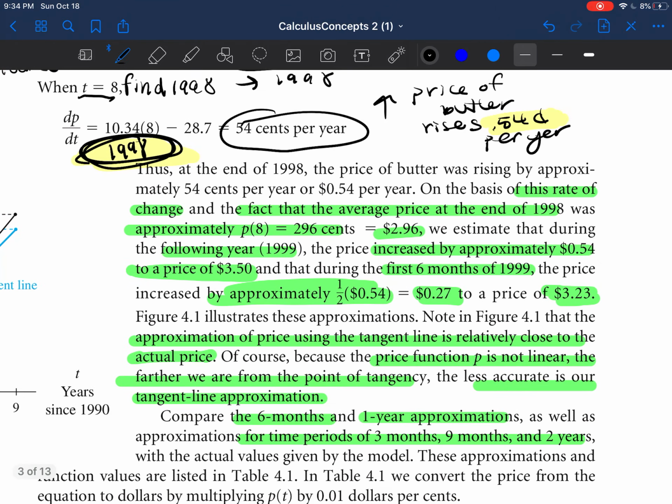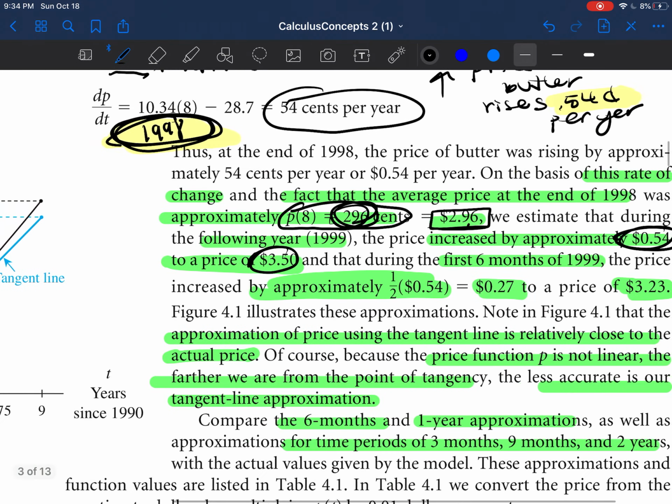So what this paragraph is saying is, let's go back and plug 8 into the actual equation. You get 296, and to estimate the following year, because the rate is 0.54, we approximately add that to this and get 350.